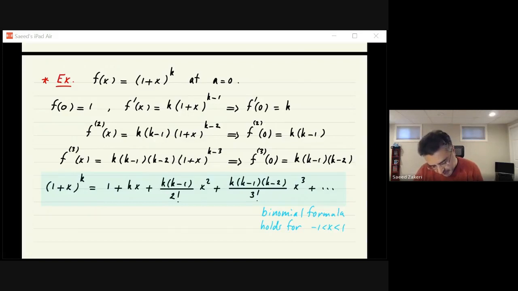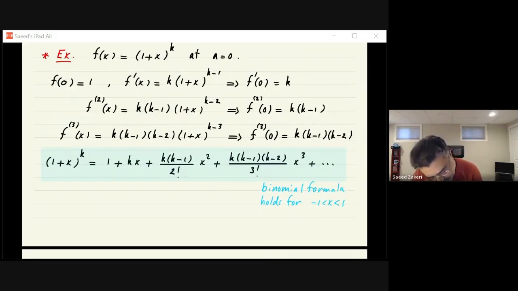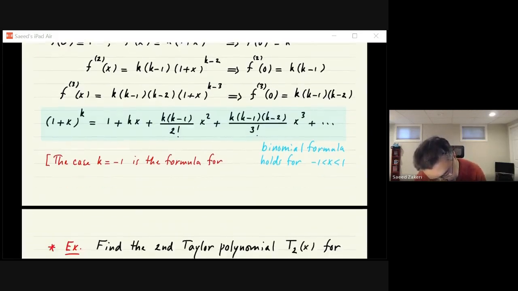So let me just mention in passing that this case is the formula for 1 over 1 plus x that we have seen before.